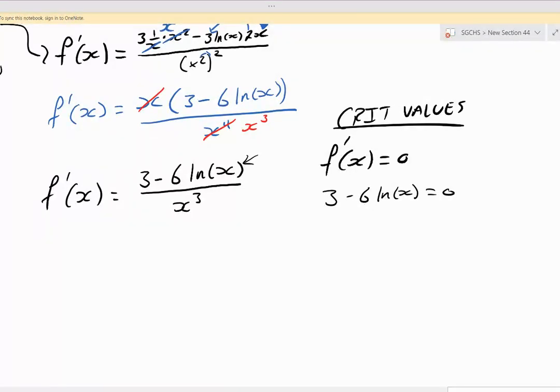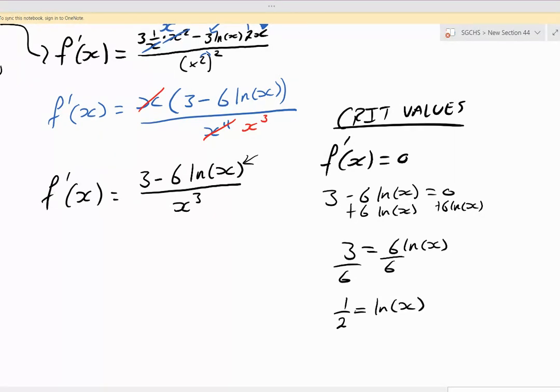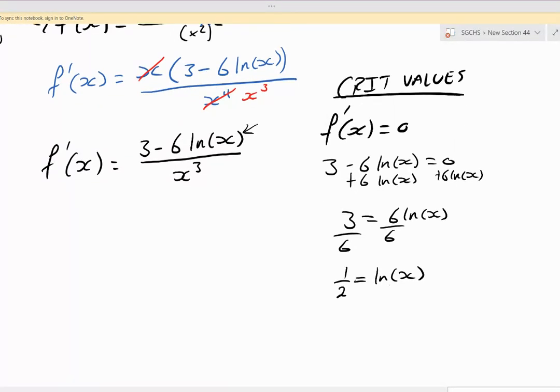Well, from here, we can start solving for x. So I'm going to add 6 ln x to both sides. That gives me 3 equals 6 ln x. I'm going to divide by 6, which will give me 1 over 2 equaling ln x. And now remember, this has a base of e.